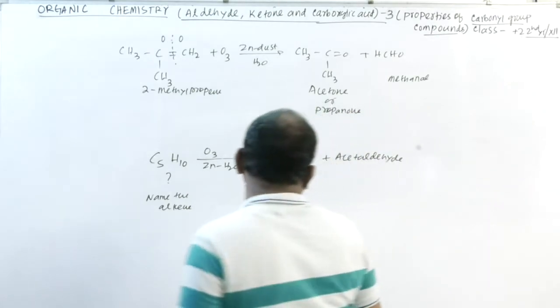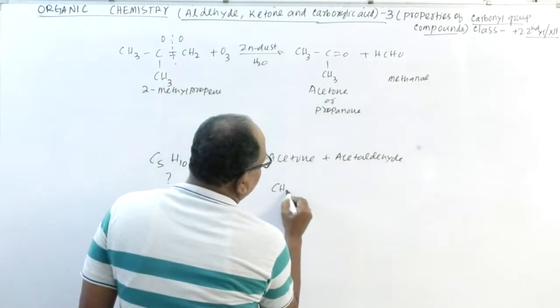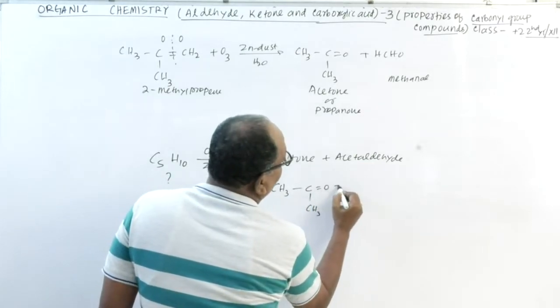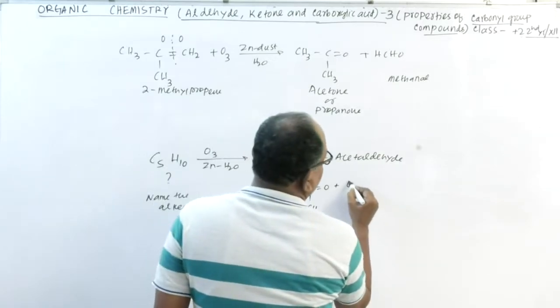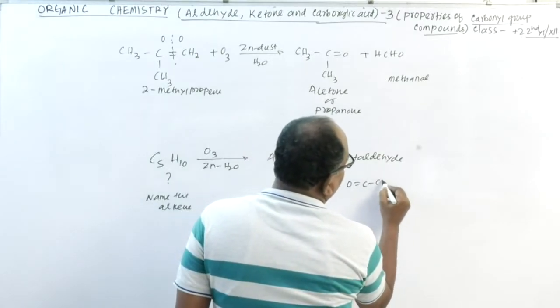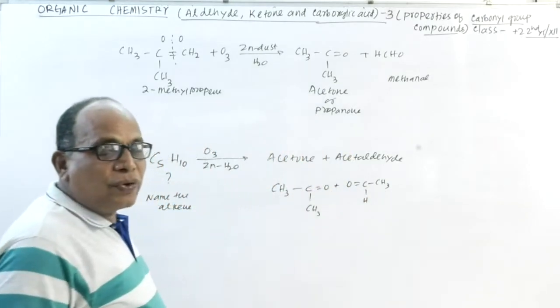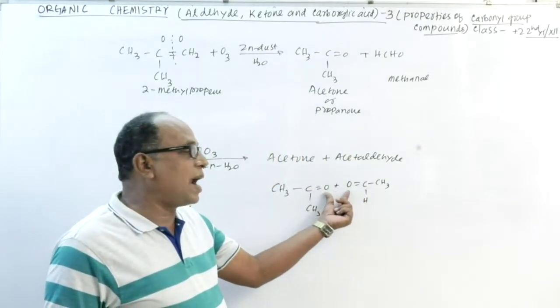Acetone is written like this: CH3-C(=O)-CH3. Acetaldehyde is CH3CHO. During the ozonolysis, these oxygens are added here.